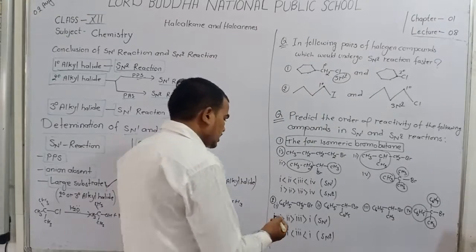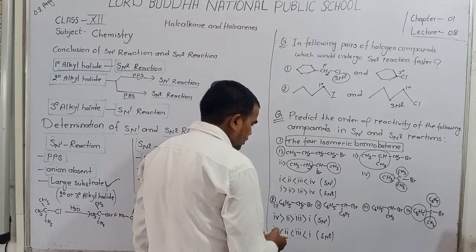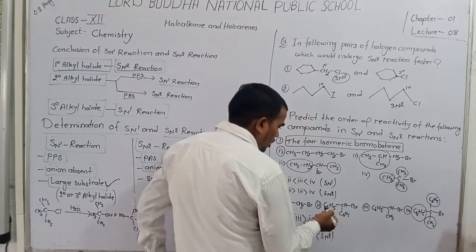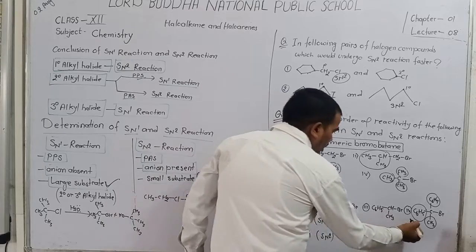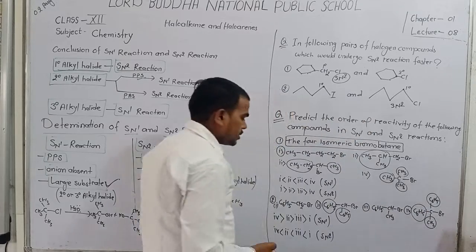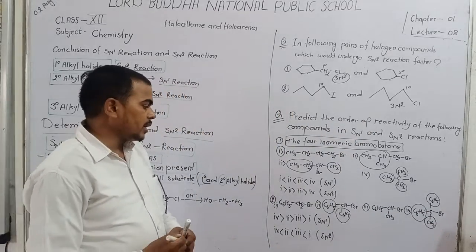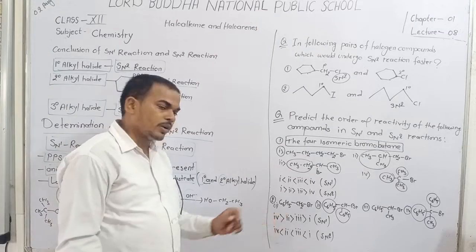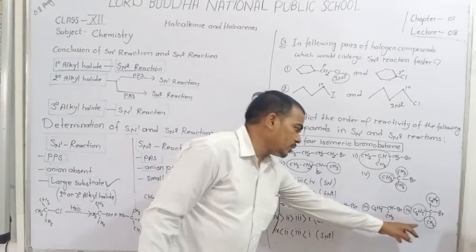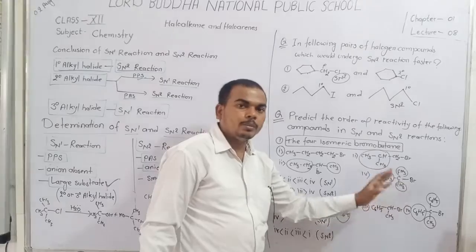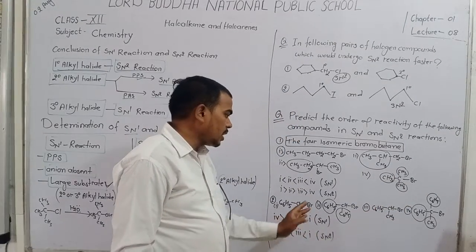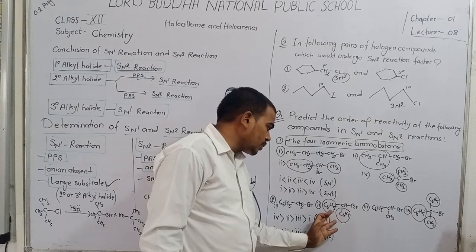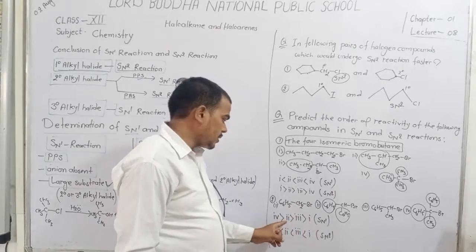So here, as compared to fourth and second, not only two bulky groups, but here 1, 2 and 3 bulky groups are present. You know that more bulky groups are favorable for SN1 reaction. So in the fourth example, there are 3 bulky groups, so it is more favorable for SN1 reaction as compared to here, 2 bulky groups only in second.